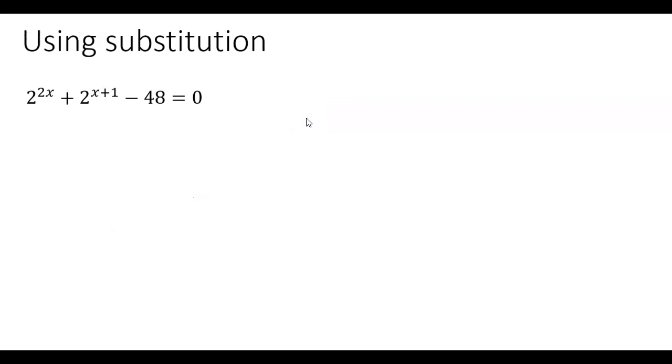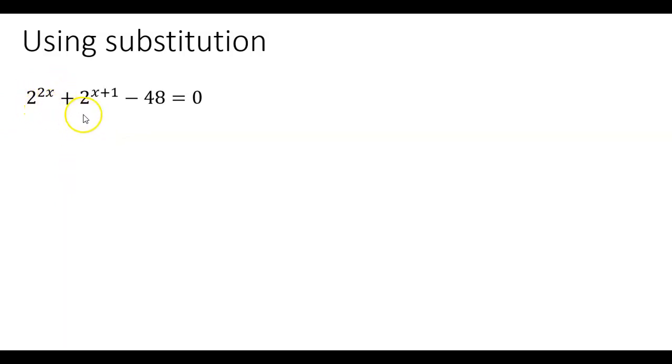This one is going to be a bit trickier, and I do not expect anyone to get this on the first try. So if you want to challenge yourself and give this a try, you can, but this is using really some more advanced types of exponential rules and substitution. So here we have a function.